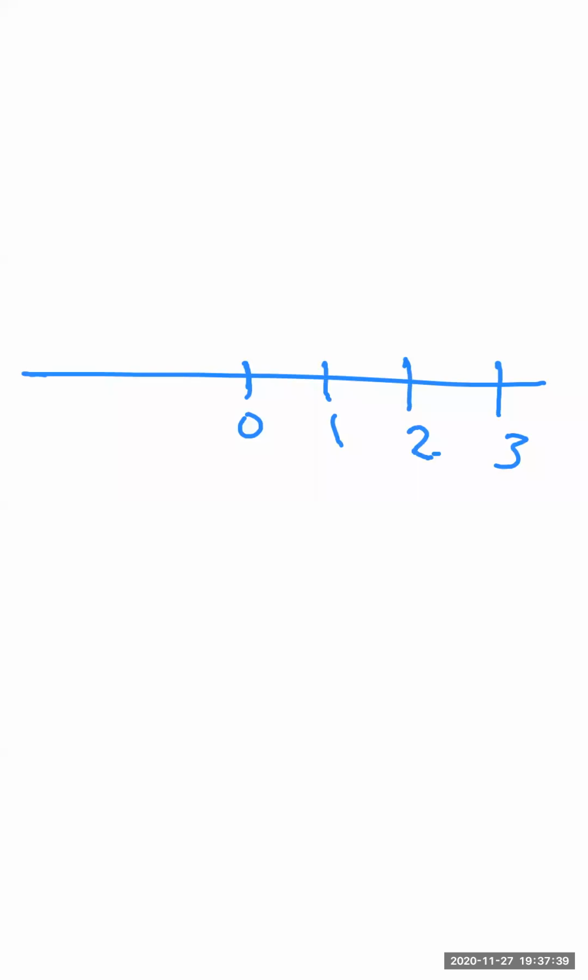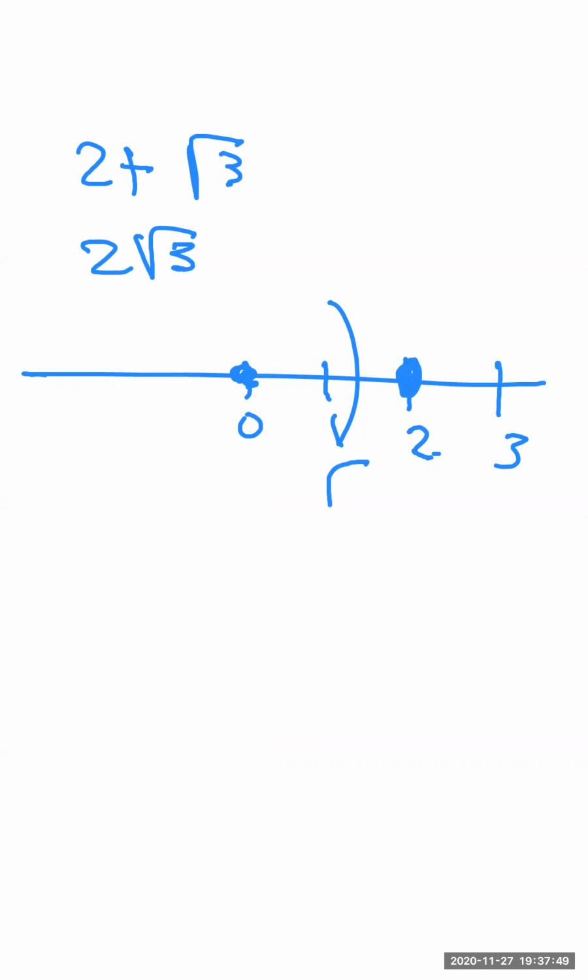It will be different if it is 2 plus square root of 3, of course, because this is 0, 1, 2, and 3, for example. 2 plus square root of 3 means I will start from 2. But 2 square root of 3, I will start from 0. Then one arc, square root of 3. Then again fix the compasses at the square root of 3, then one more arc.